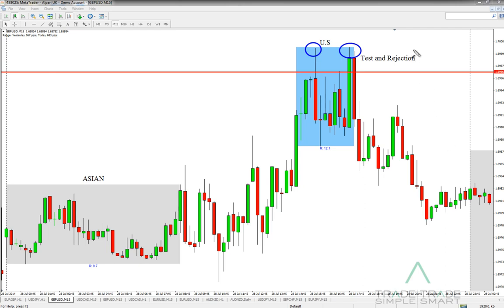Again, we have that test and rejection, inducing traders into the wrong side of the market, absorbing pending orders, and then a move against their intended direction.